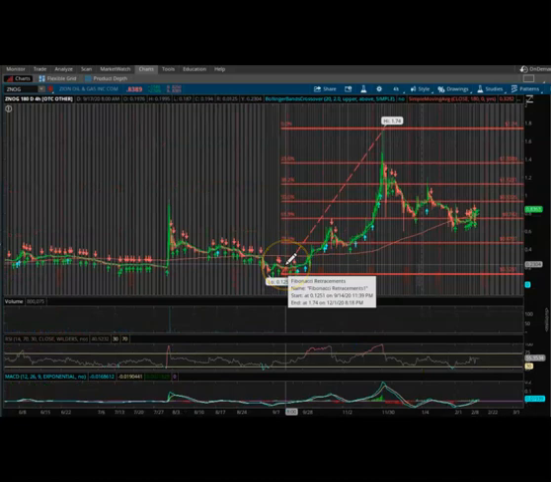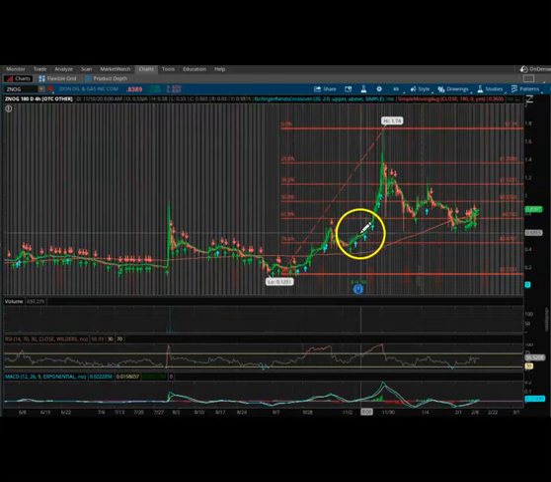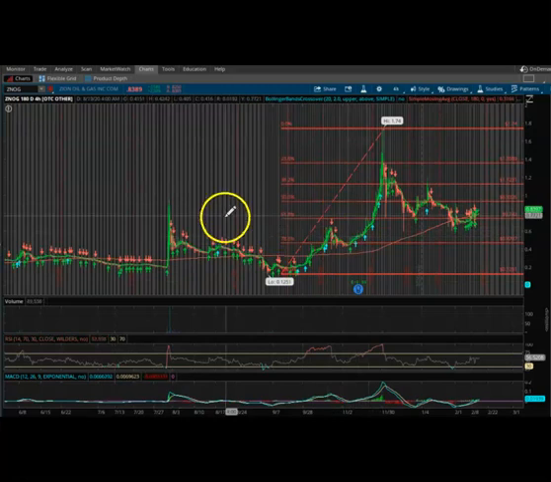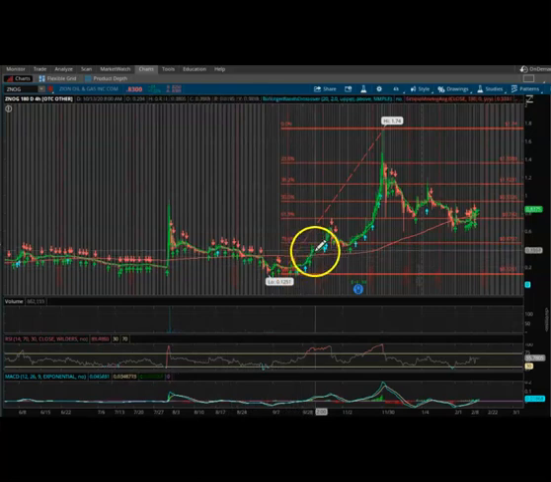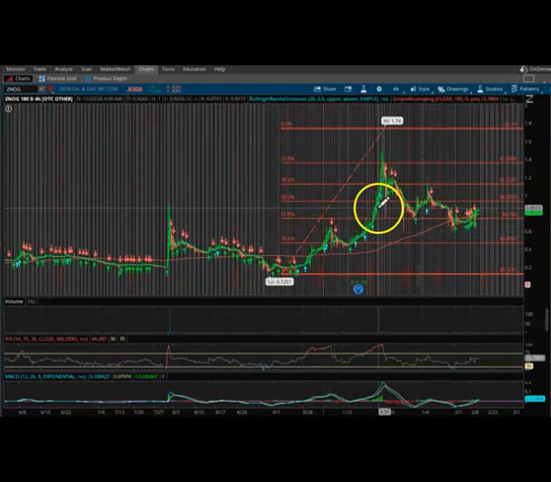Another thing I wanted to show you is the similarity in the RSI from back in July all the way through November. We had overvalued, we came down, we tested support, we bounced off, then ended up undervalued and slowly started making our way up to overvalued, pulled back, and then shot back up again.